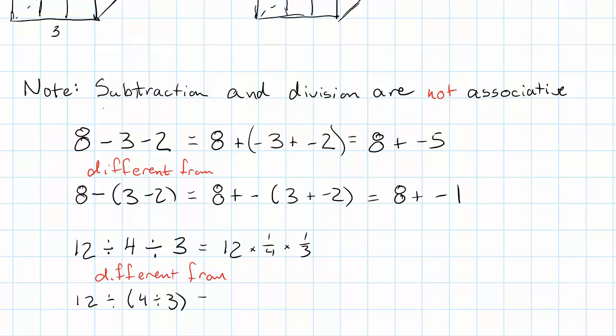Well, 4 divided by 3 is 4/3. So this will be 12 times 1/12, whereas this will be 12 times 3/4. Again, it matters what exactly you're taking the reciprocal of.